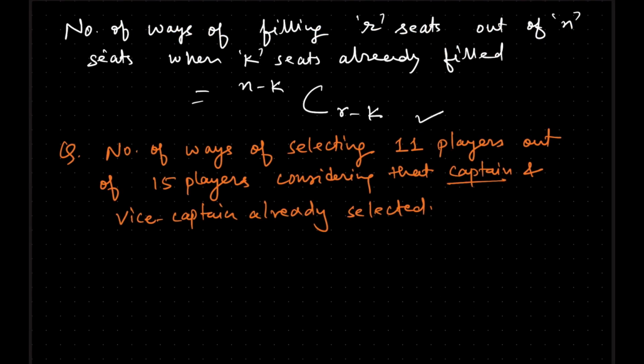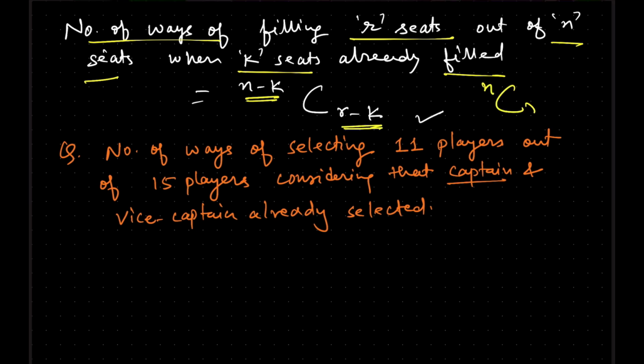Now let's see some special cases of combinations. The number of ways of filling r seats out of n seats when k seats are already filled is n minus k C r minus k. Earlier we saw nCr, but here we have subtracted k from the top and from the bottom. Why do we do so? We will understand this by an example.